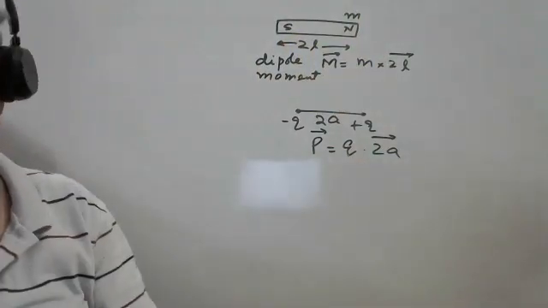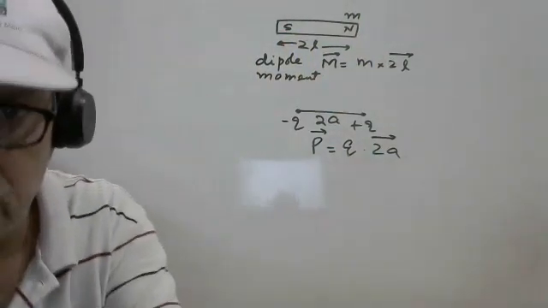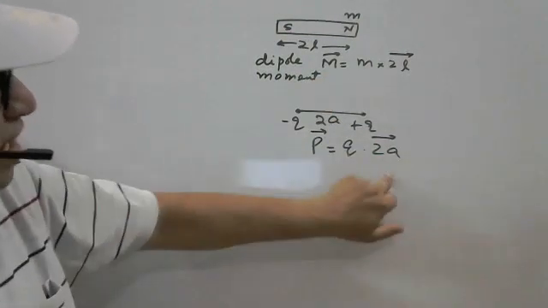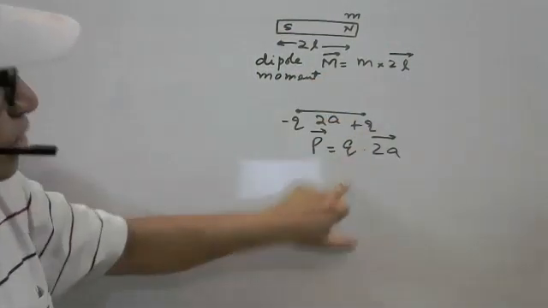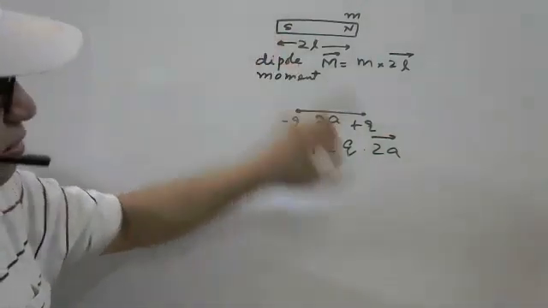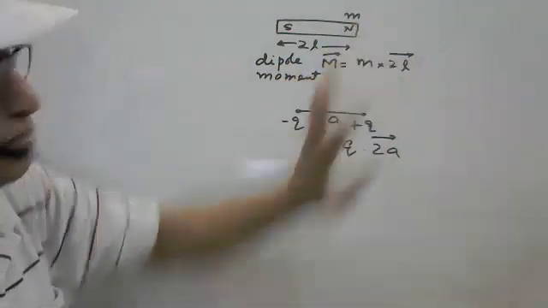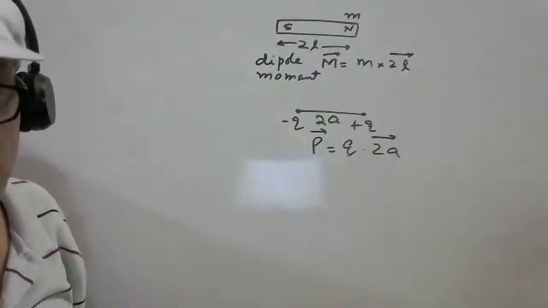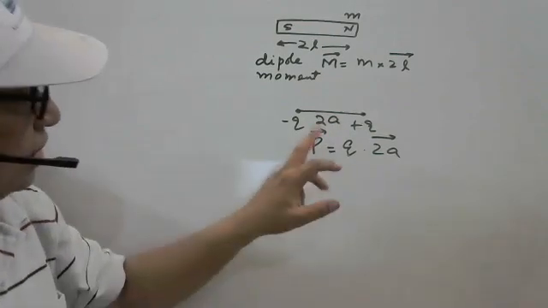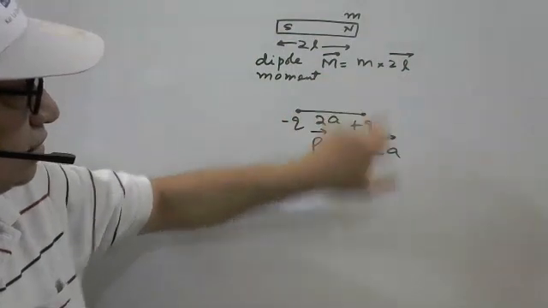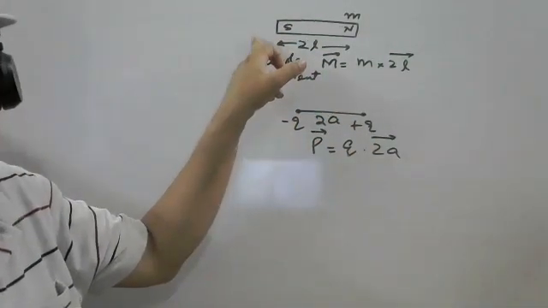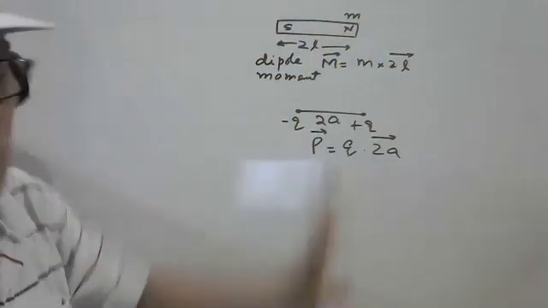Just listen carefully: P is equivalent to M, 2a is equivalent to 2l, Q is equivalent to m, negative charge is equivalent to south pole, positive charge is equivalent to north pole. Got it now? This is equivalent to this, and the direction is from negative to positive; here the direction is from south pole to north pole.